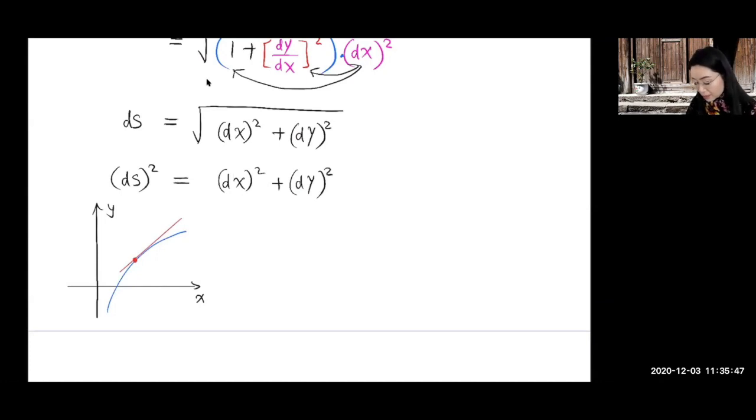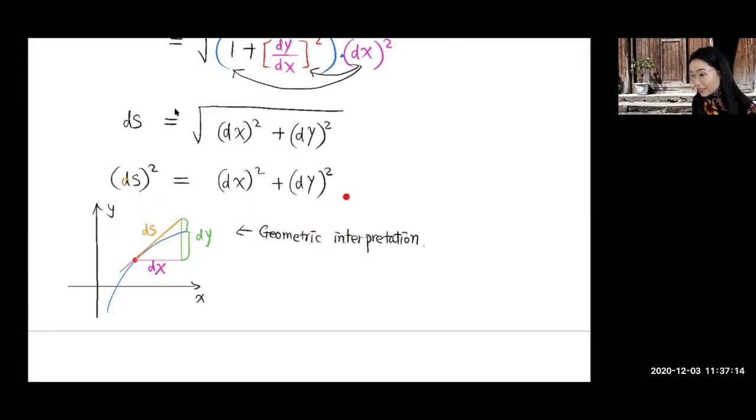And the dx over here is the change in x. And the dy is this, the green one. That's the dy, the change of y along the tangent line. The ds over here is ds. So this is the geometric interpretation of this formula.